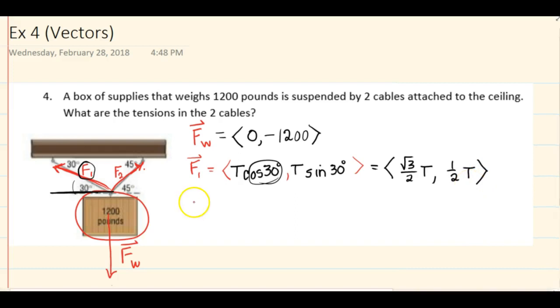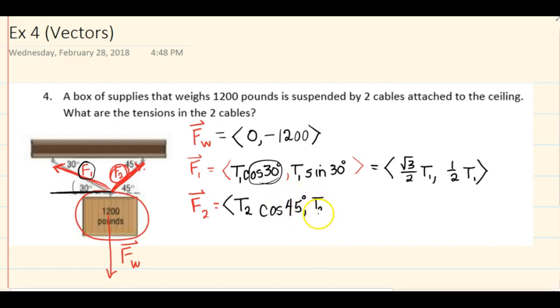The last thing we need to do is go find F2, the force due to that one. And again, we need to know what the magnitude is, which we don't know. So what we're going to do is we're going to call that T2. So I'm going to come back up here to my F1s and call those T1s. And I'm going to say that I need to know the tension in the second one. And again, I'm going to do cosine for the horizontal. In this case, it's going to be 45 degrees.